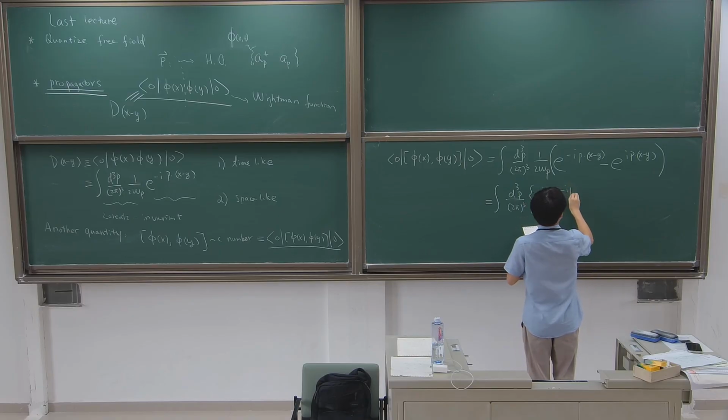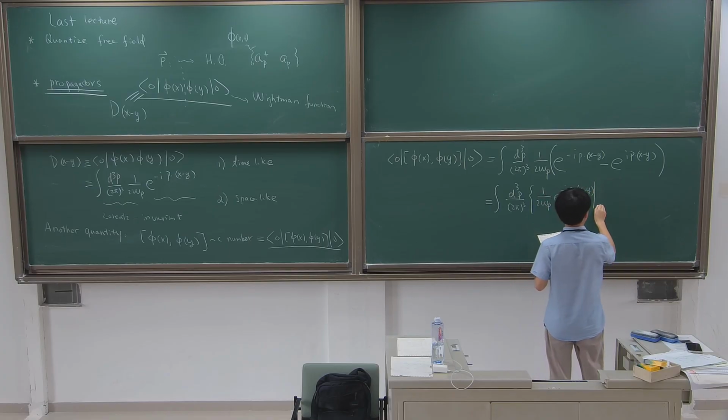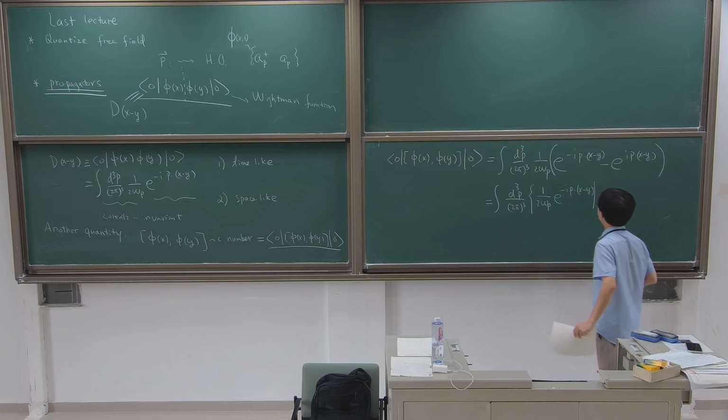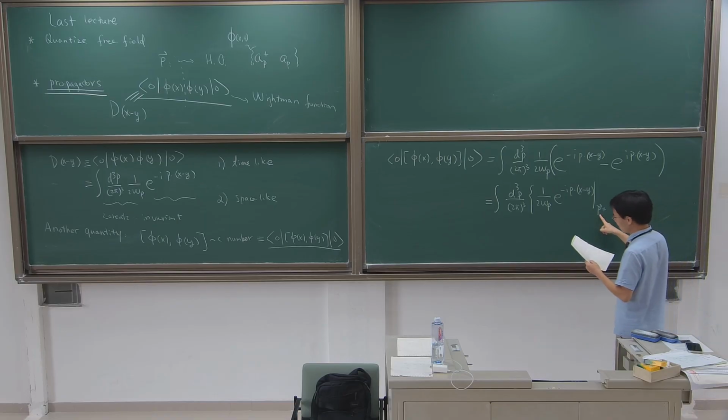I just rewrite it, don't do much. Just observe that this is nothing but the definition for P0, the value at P0 equals omega P. It's trivial, it's a definition.